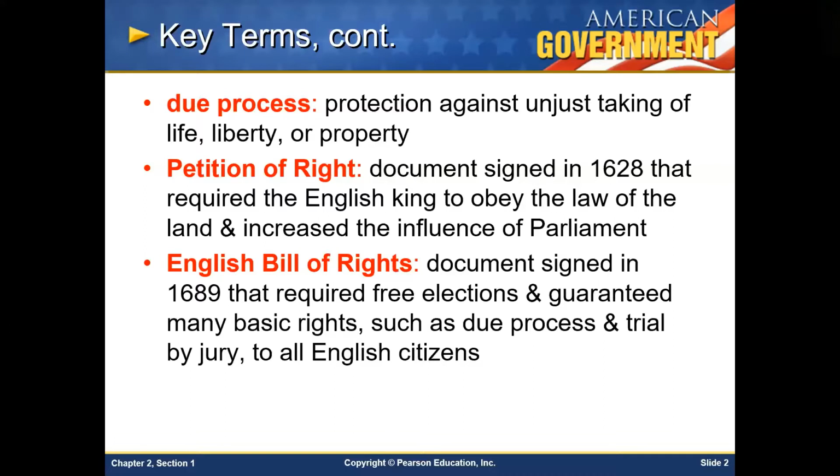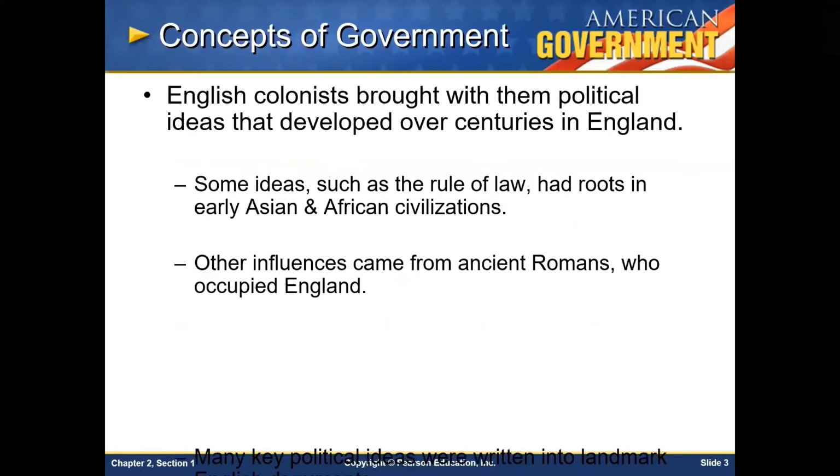Then we have the English Bill of Rights. It was signed in 1689 and required free elections and guaranteed many basic rights, such as due process and trial by jury, to all English citizens. Again, you're going to see some of the same themes reoccurring in these documents, and you'll also see those themes in American documents when we get to them.